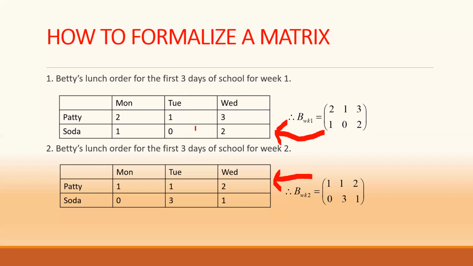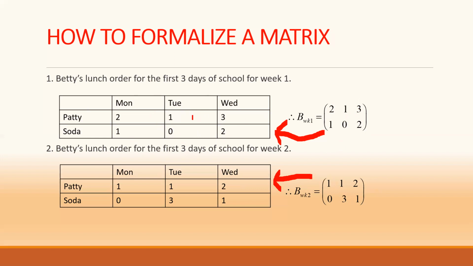Okay, guys, so that's how you pretty much form a matrix from a table by putting the elements in the rows and the columns exactly in the matrix in the same position. However, in the matrix, you are now using space to separate the rows from the columns, versus in the table, you'd have the lines clearly showing you the different rows and columns. So this is how you formalize a matrix, guys.